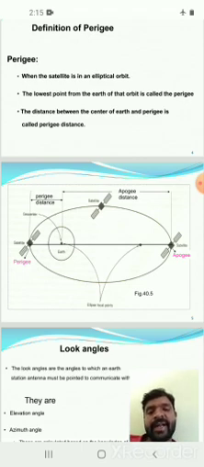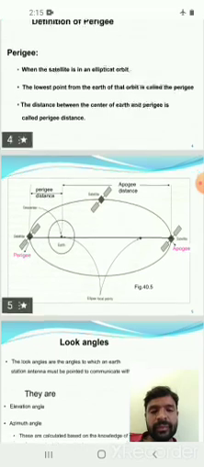When the satellite orbit is circular, then apogee and perigee are the same, or the apogee distance and perigee distance are equal, since the satellite rotates in a circular orbit.